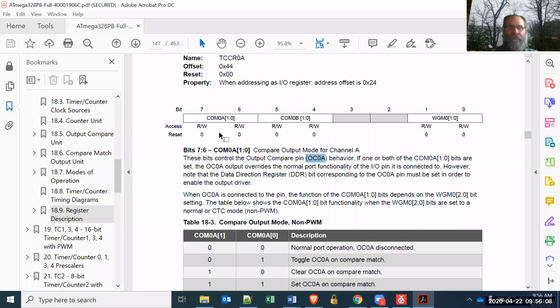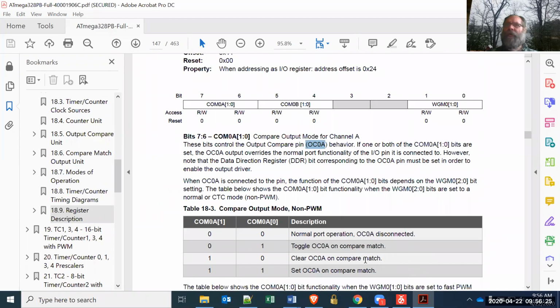Okay, so by setting this bit to a 1-0, COM0A, it is going to clear on a compare match.